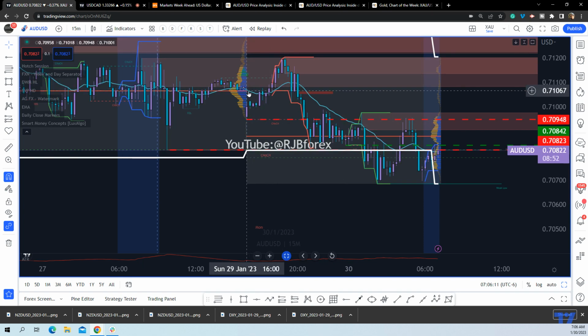So that was the dump, pump, dump, and pump in London. We've had these break of structures to the downside.